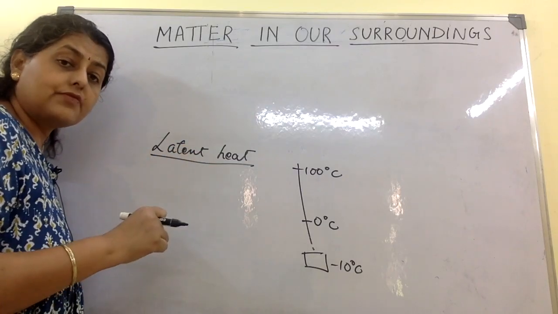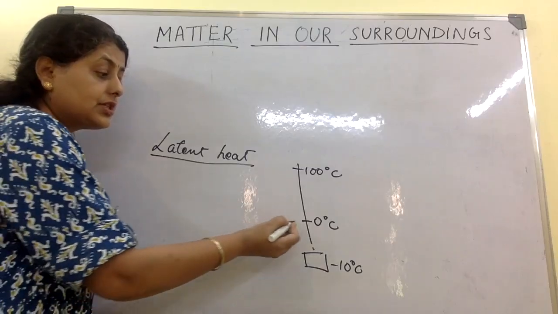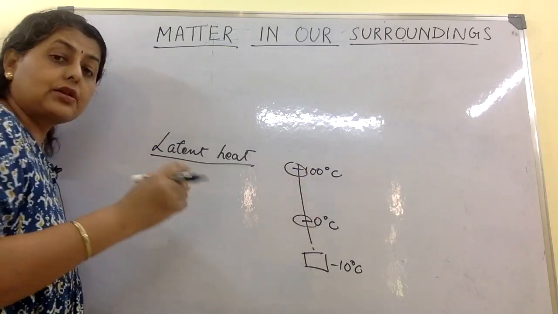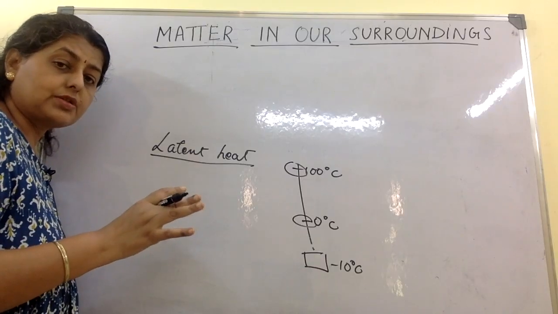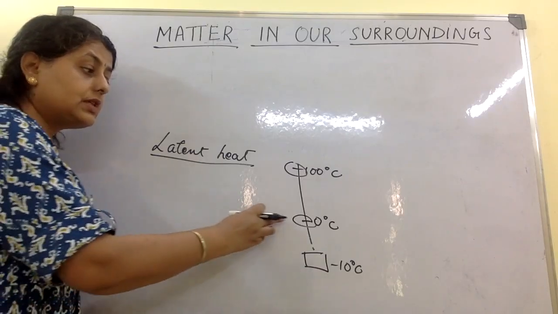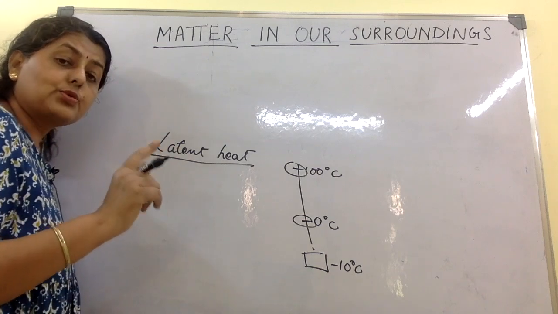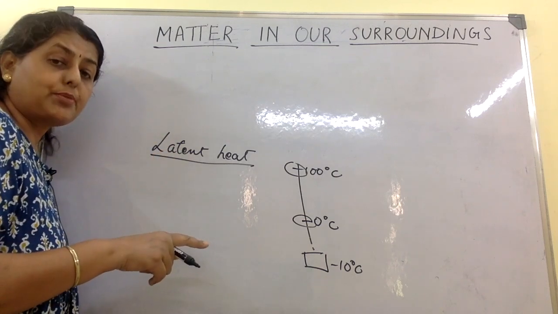So what we learn from this is that whenever there is a change in state, and I'm not saying this only for water, it happens for all things, there is no change in temperature.